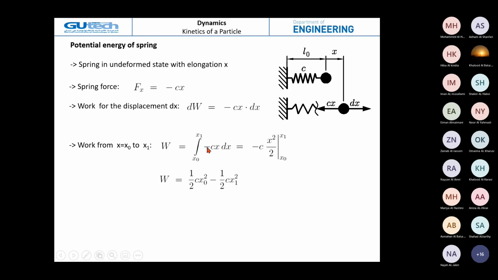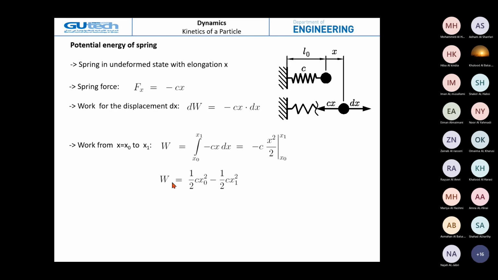Now we integrate this expression of the change of the work, from x0 to x1, of minus Cx dx. C is constant, we put it out of the integral. That means we integrate x dx. Then x dx gives x squared divided by 2.